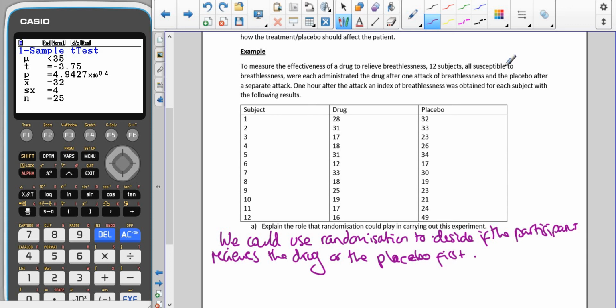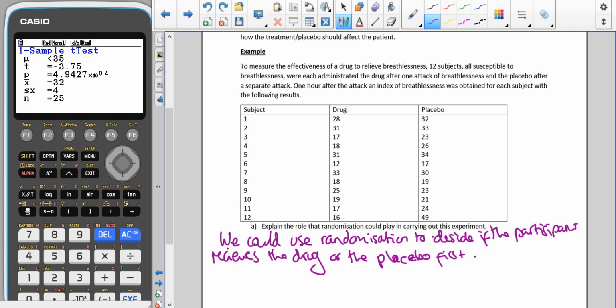Now, remembering all the way back, we have paired data, so that means that we're limited to the paired sign test and the paired Wilcoxon rank sign test. Remember, the paired Wilcoxon rank sign test does have an assumption that the distribution is symmetrical. So that means the only test that we have left is the paired sign test.